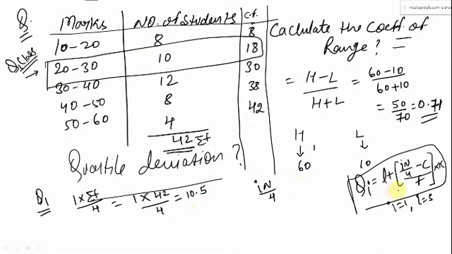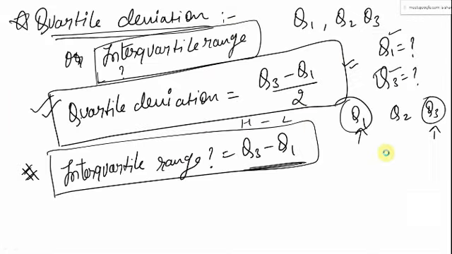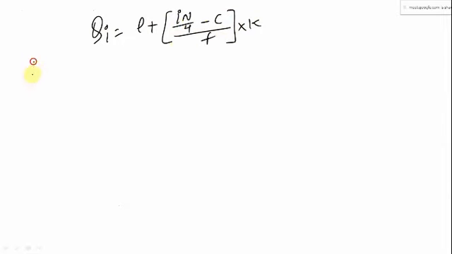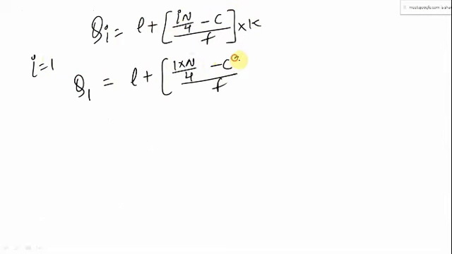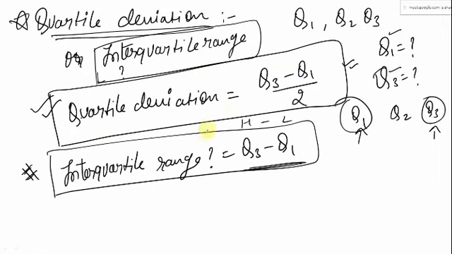Now I will take all the values for this formula. So let me take it on to the next slide. Qi is equal to L plus in by 4 minus C upon F into K. If I put i equal to 1, I'll get Q1 as L plus 1 into N divided by 4 minus C upon F into K. Now we need to find out all the values.